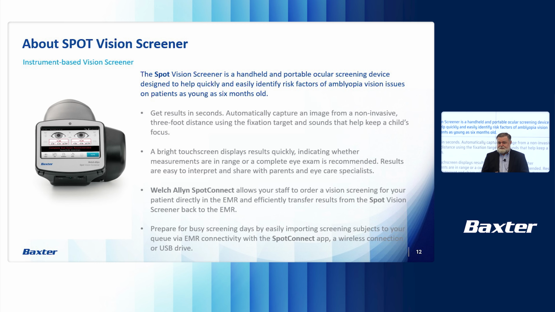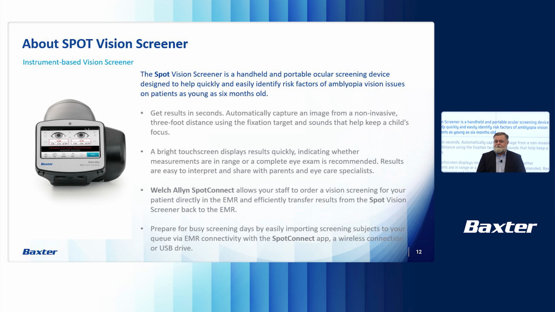A bright touchscreen displays results right away, showing whether the measurements are within range or if a complete eye exam is recommended. These results are straightforward, easy to interpret, and simple to share with patients or eye care specialists. With the Spot Connect app, your staff can order a vision screening directly within the EMR and transfer results back quickly.